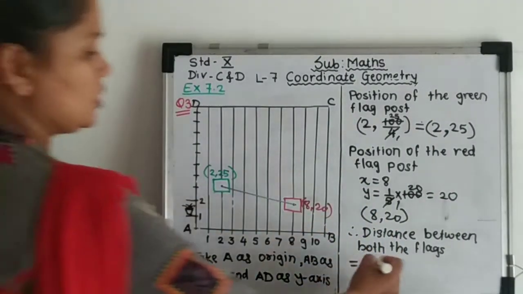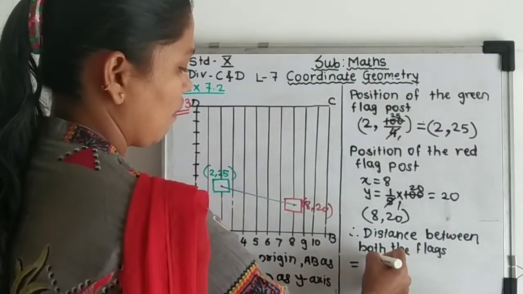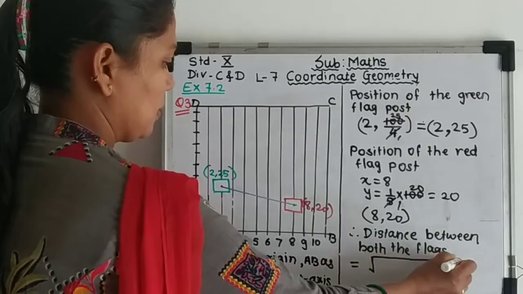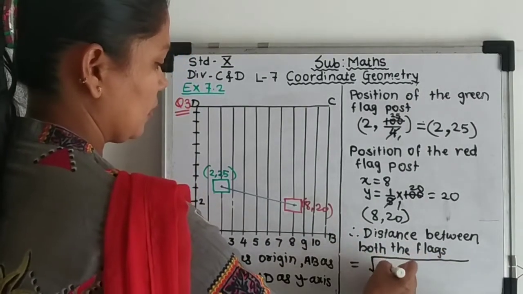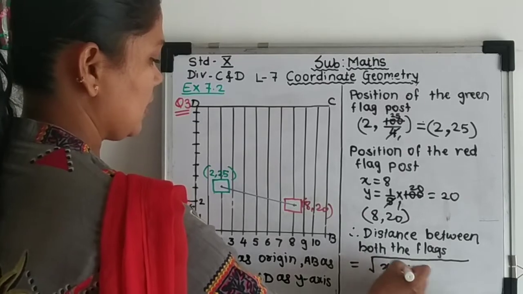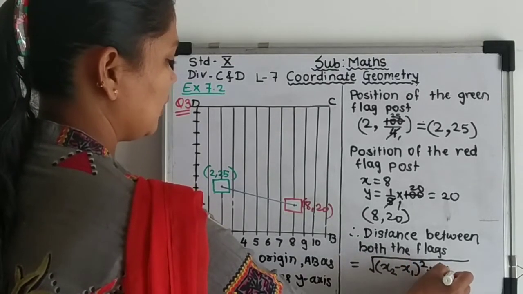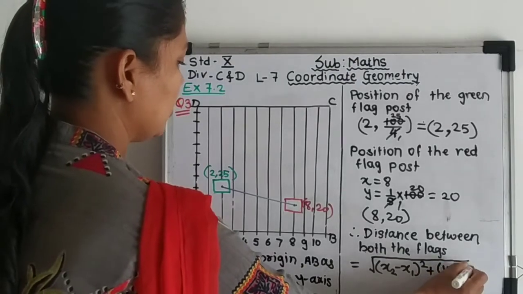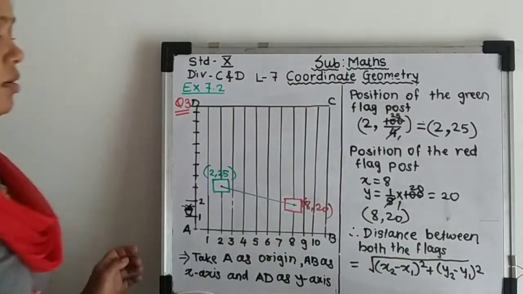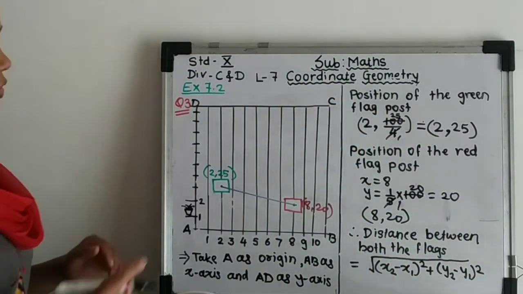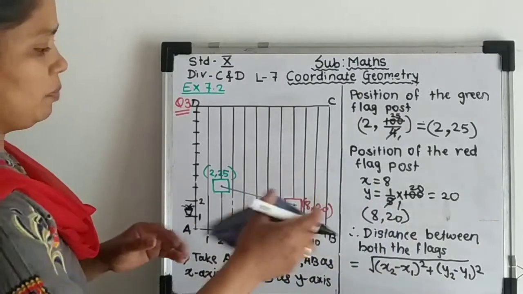What is the distance formula then? The square root of (x2 minus x1) whole square plus (y2 minus y1) whole square. Written. Now put the values. So we will put the values here.